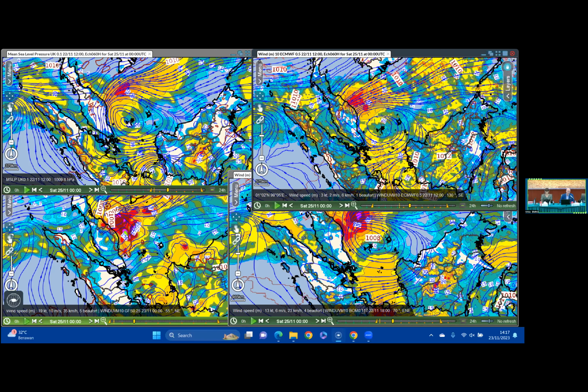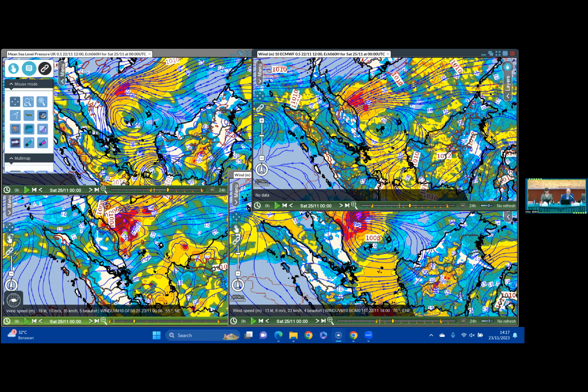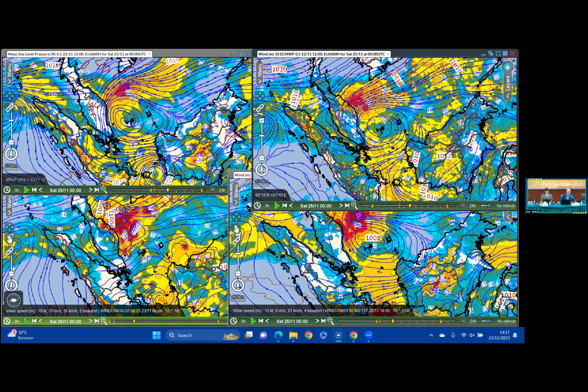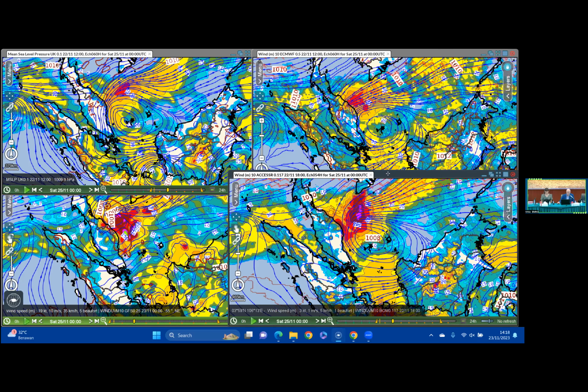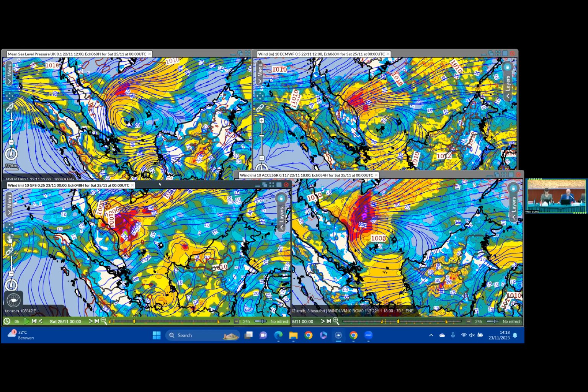So there are different possibilities. The first possibility is what we call the poor man's ensemble, which is to use global deterministic models. So here we have top left the UK Met Office model, top right is ECMWF, bottom right is ACCESS, the BOM model, and bottom left is GFS.